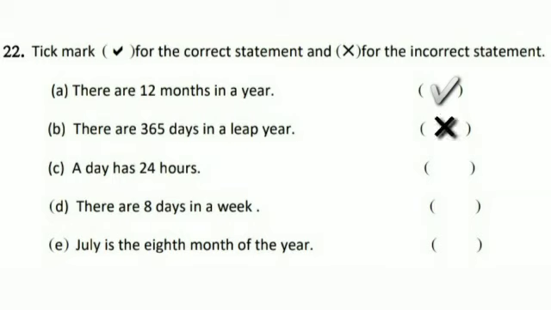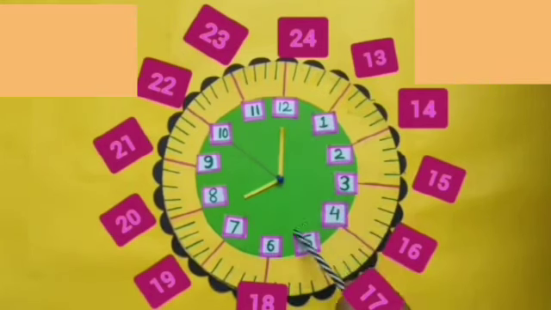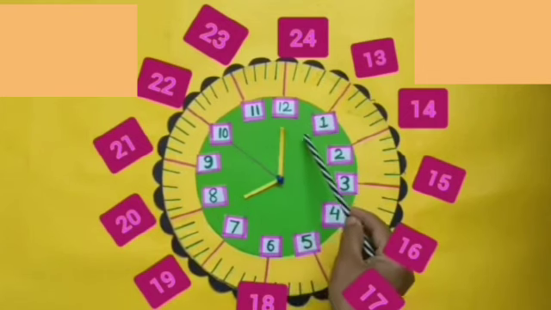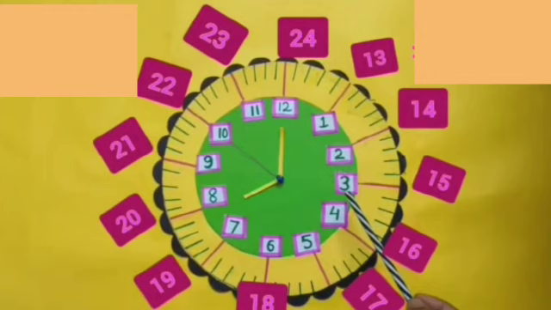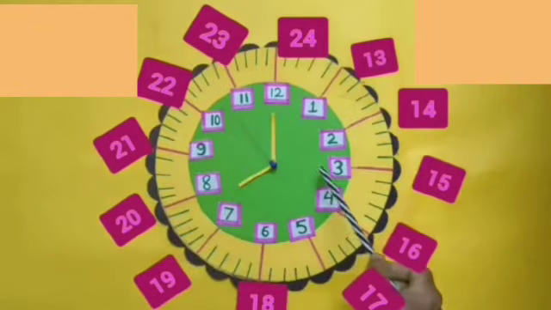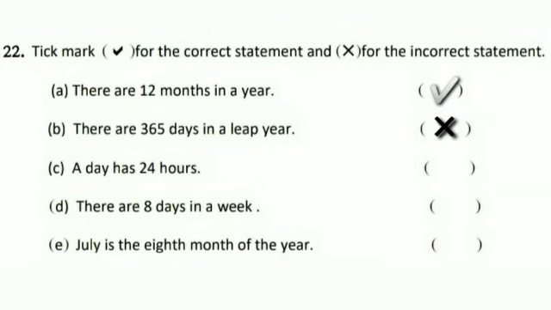Next statement is a day has 24 hours. An hour hand completes its one revolution in 12 hours and second revolution in 13 to 24 hours. Means a day has 24 hours. So the given statement is correct and we will put a tick in front of it.